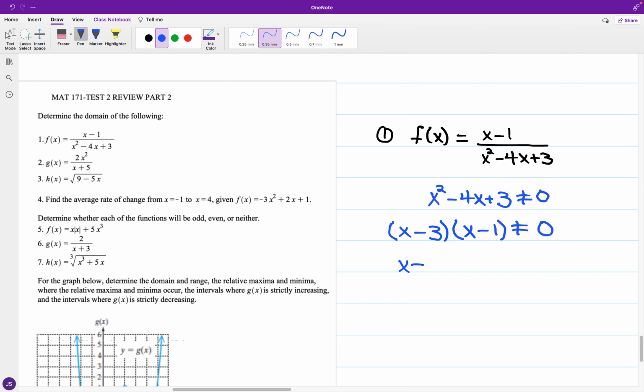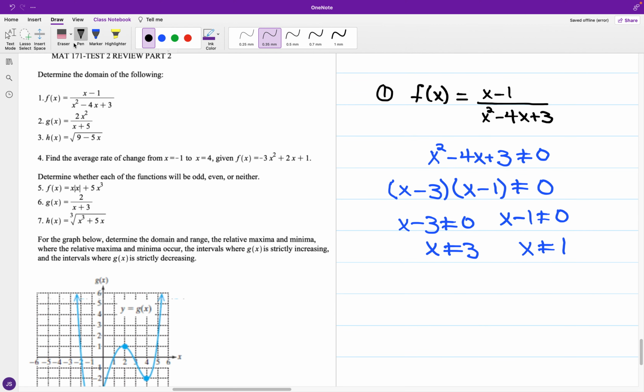So if x minus 3 cannot equal 0, we have that x cannot be equal to 3. And if x minus 1 cannot equal 0, I have that x cannot be equal to 1.